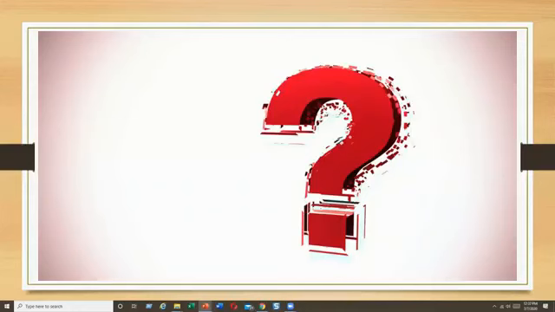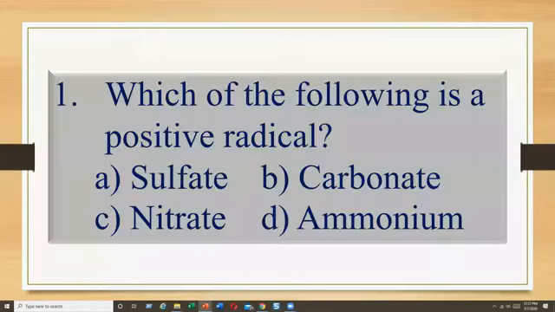Now, questions for you. Which of the following is a positive radical? Ammonium. Ammonium ion is a positive radical, and another positive radical is phosphonium ion.